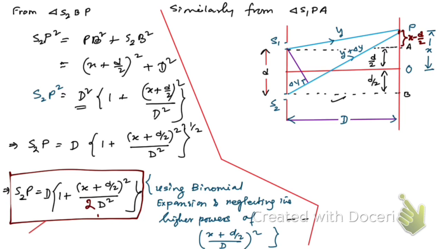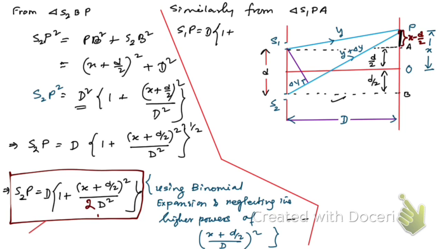That's why I'm not gonna repeat all the steps. Similarly from this triangle, if you apply the Pythagoras theorem, expand using binomial theorem and neglect the higher powers, then you will get S1P is equal to, instead of x plus d by 2, here we're gonna get minus this time, because this distance PA is x minus d by 2, right?